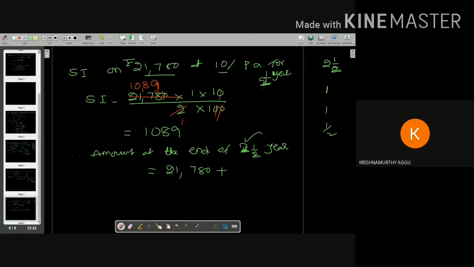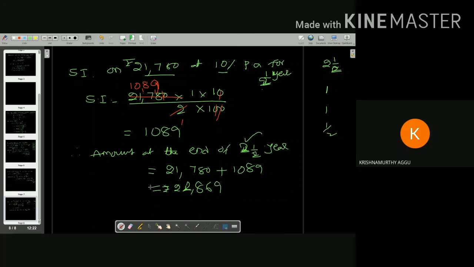For this half year you got extra amount as 1,089. By adding these two you are going to get 22,869, which is the amount you got same as our compound interest formula. After applying the compound interest formula, the same amount you are going to get here, 22,869 rupees.